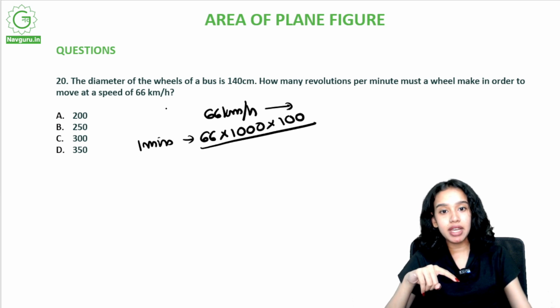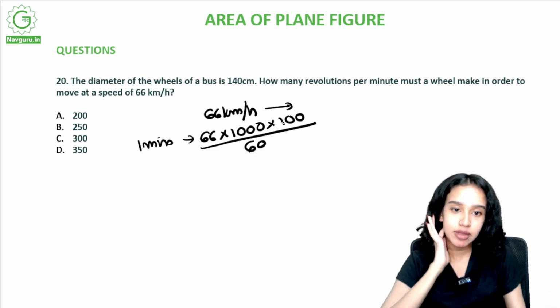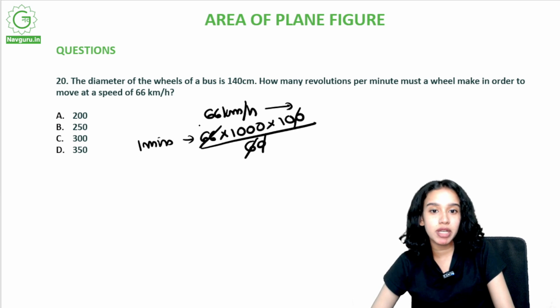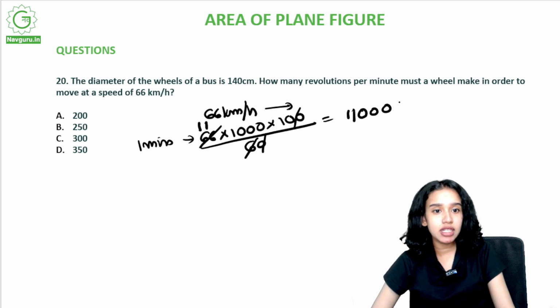So divided by 60, because 1 hour has 60 minutes, right? So we could cancel these two zeros out, and 6 and 66 could be cancelled to 11. So we have 11 and 3 zeros. So 11,000 centimeters should be covered in 1 minute, right?